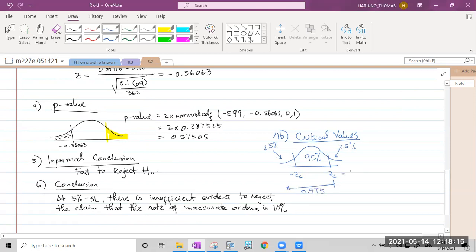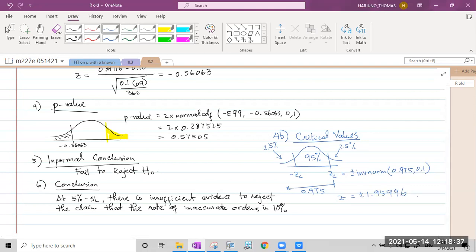So the critical value is plus minus inverse norm of 0.975. That should be plus minus 1.95996. And as you can see, the test statistic is actually quite close to the mean. So we fail to reject the null hypothesis.